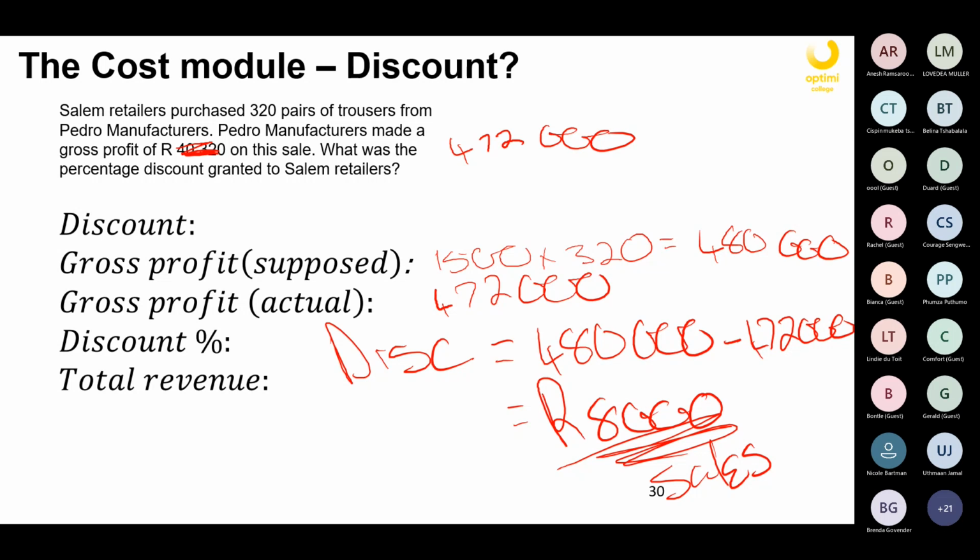So they got a percentage of 8,000 divided by 960,000. That gives me 0,008. Multiplied by 100, 0,8%.